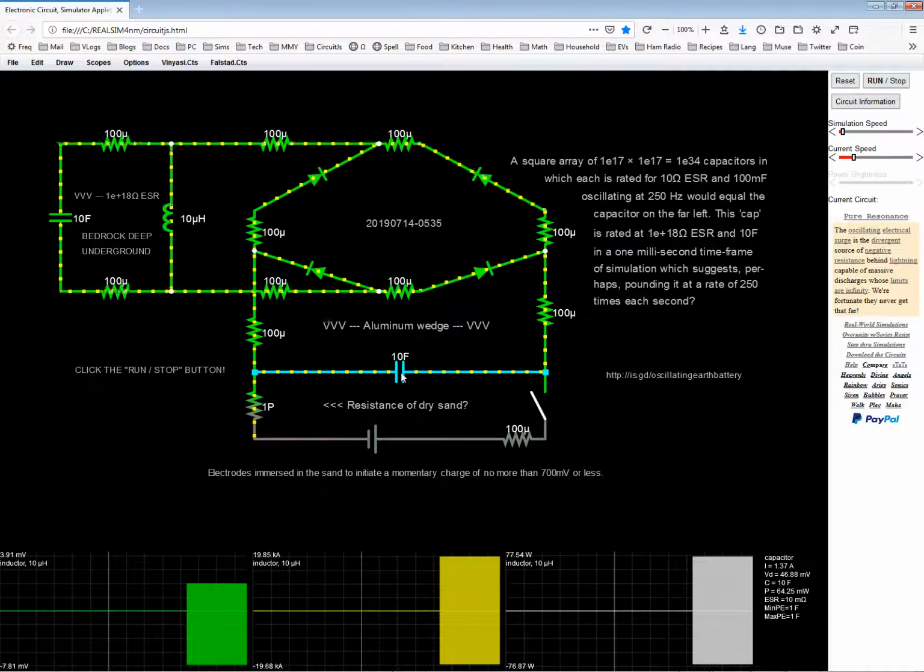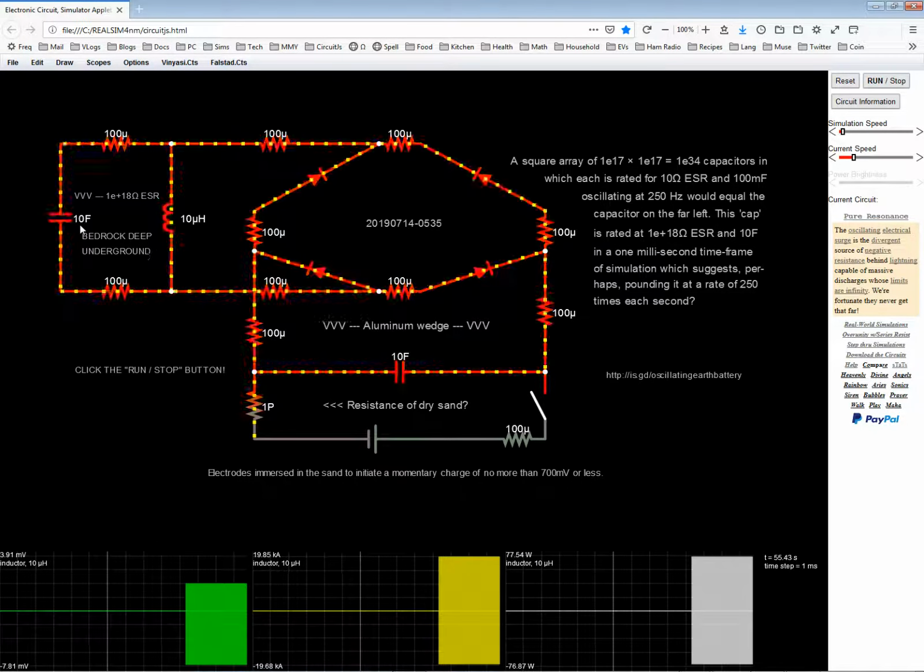And to me, well, let's go back to the inductor. Well, it shows the other components are functioning, but not this one. So it shows that when you increase equivalent series resistance in a capacitor, if you take it high enough, that'll prevent saturation because it'll no longer charge or discharge.